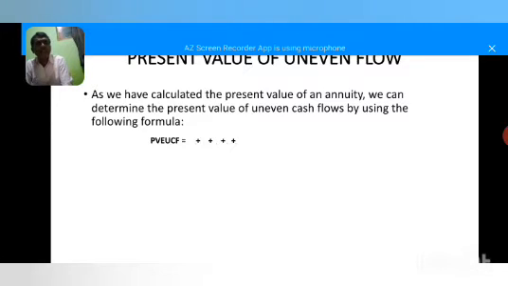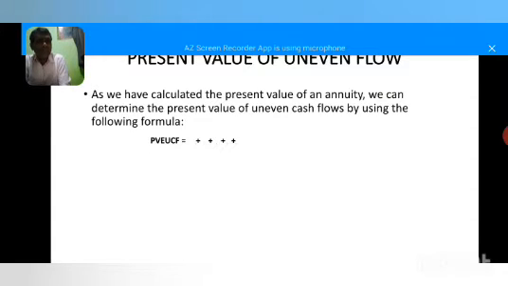Take for example, under even cash flow, cash will be 2000 in the first year, 2000 in the second year, 2000 in the third year, 2000 in the fourth year, 2000 in the fifth year, and so on. But in the case of uneven cash flow, it varies from year to year.